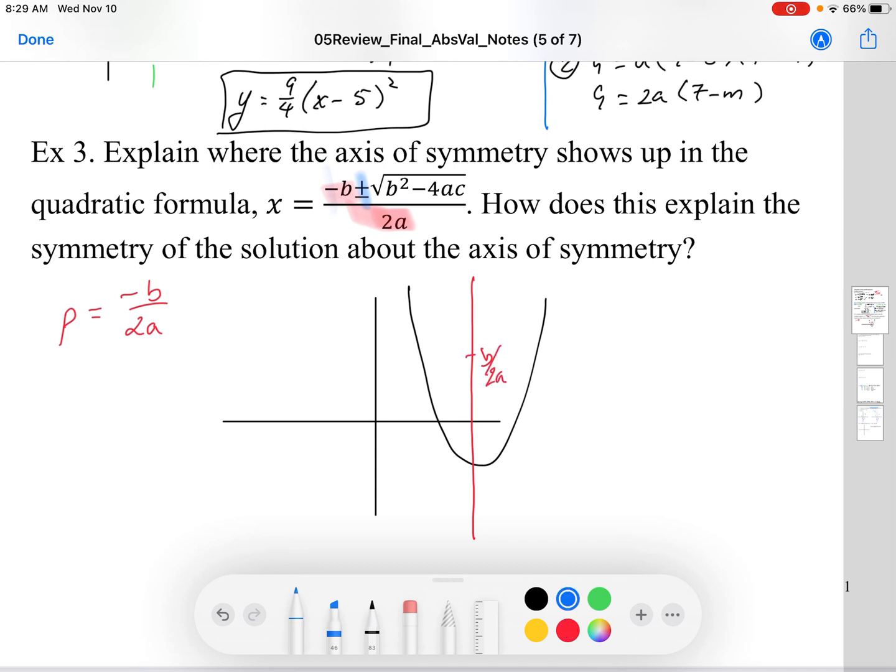Then to the right we're going to have plus the square root of b squared minus 4ac over 2a, and in this direction to the other root, we're going to have minus the square root of b squared minus 4ac over 2a. That's going to give us the two roots, and that means that negative b over 2a must be the middle point, which is also where we're going to find our vertex.